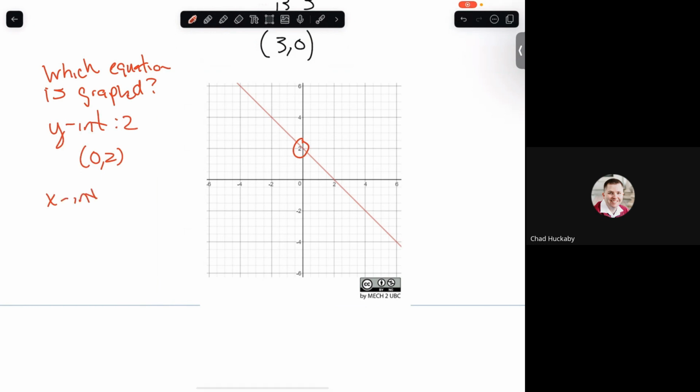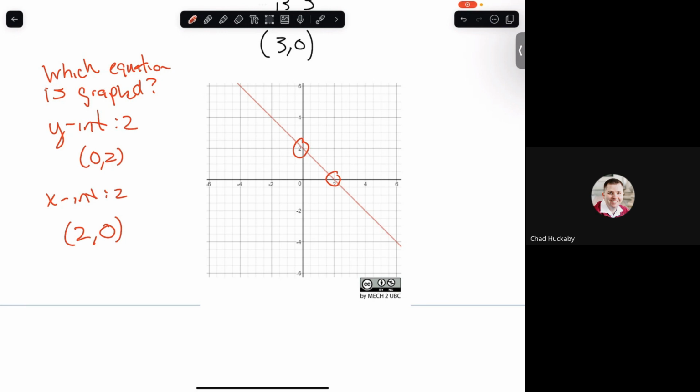The x-intercept is where it crosses the x-axis. Well, it turns out that's also 2. So that's (2, 0). So we can use those two points to find the slope.